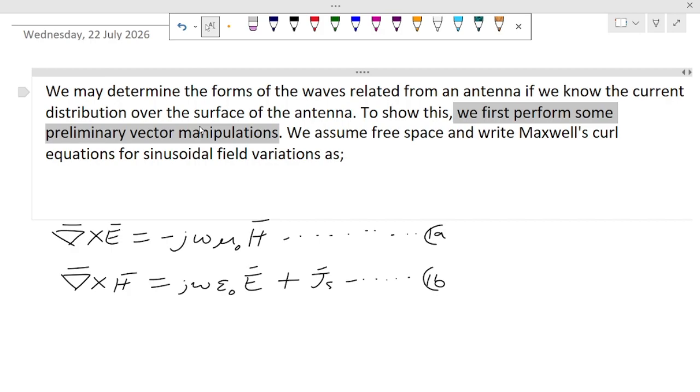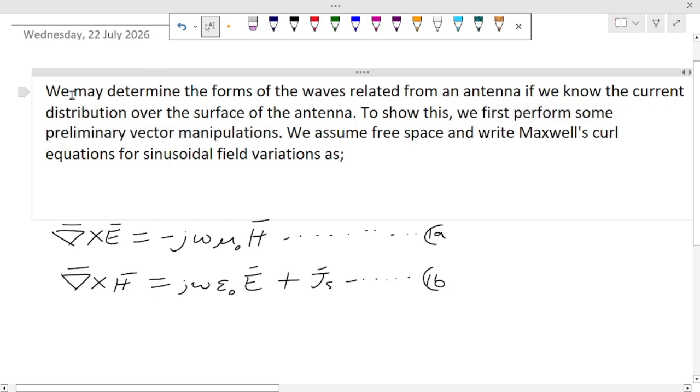So, to be able to deal with things that have to do with electromagnetic waves, and to show that this first statement is true, we are going to start with performing preliminary vector manipulations, because we are dealing with vectors, electric and magnetic field.